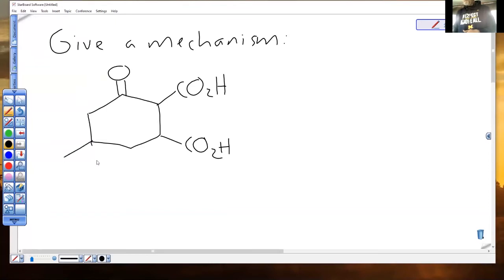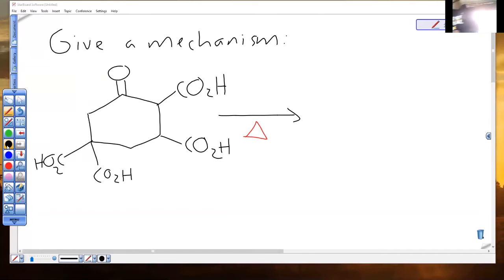And this one. I'm going to heat that up. And we're going to create this. This CO2H is beta to this carbonyl. So it's going to decarboxylate.